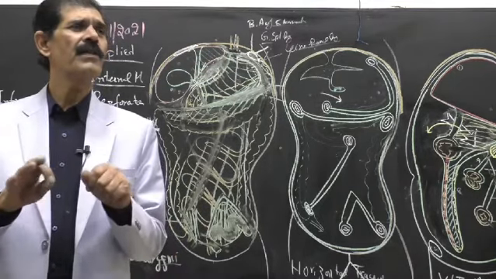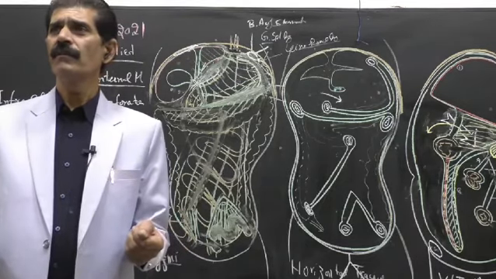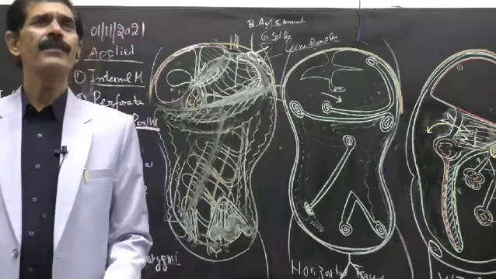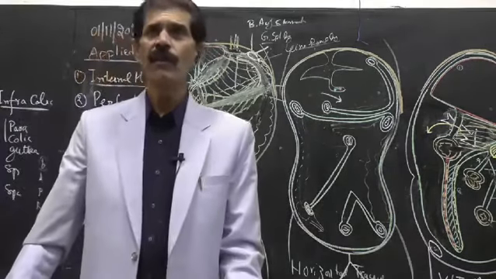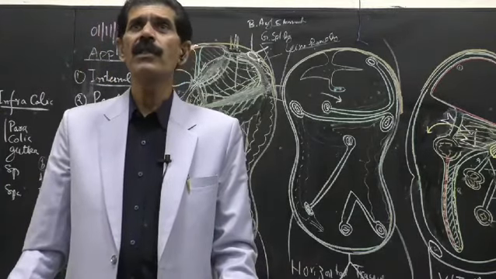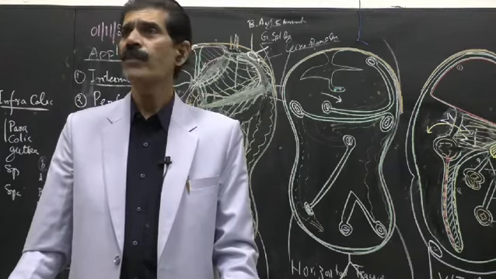The patient shows signs of intestinal obstruction, that is vomiting and absolute constipation. Even no wind is passing. That is called absolute constipation, and vomiting and constipation are signs of intestinal obstruction.